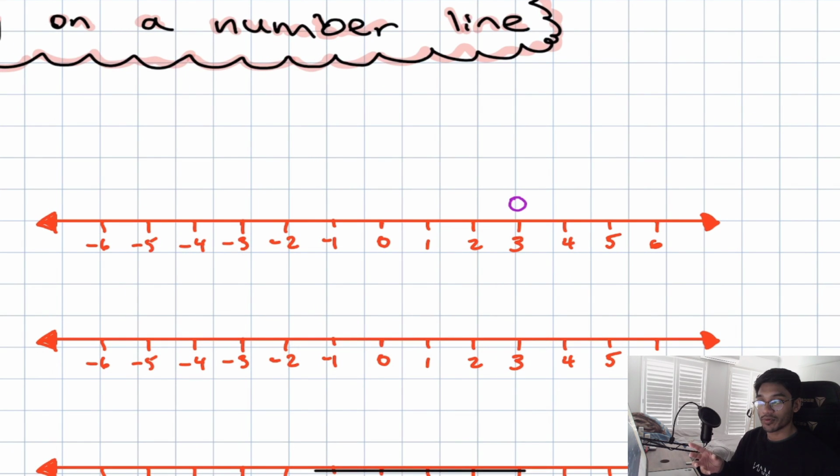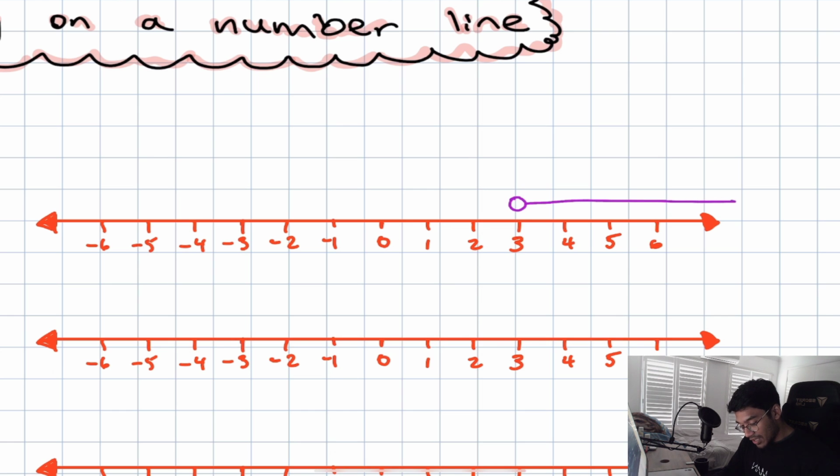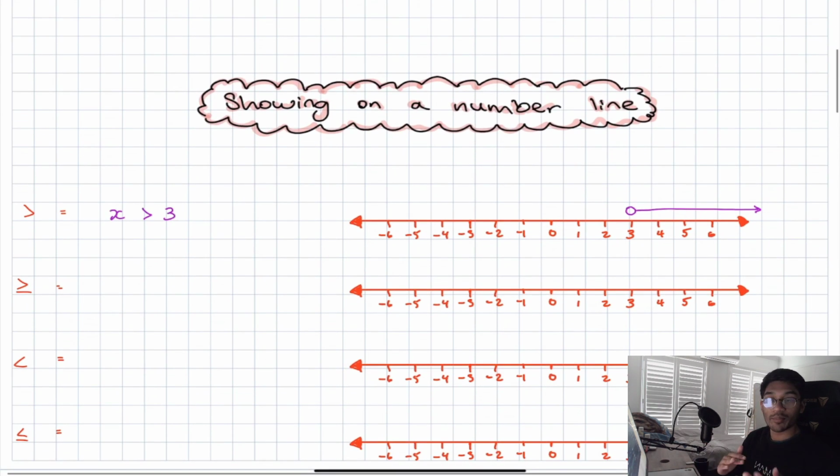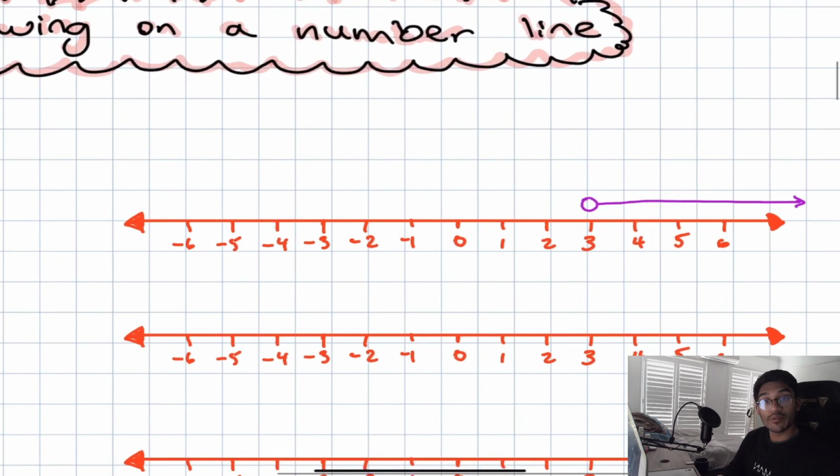And that's really important. Then we just put a line going upwards, and then you can put an arrow. And what that means is that x, or whatever variable it is, is greater than 3, but not including 3. So that arrow means it can go on forever because it can be a million, 2 million, a billion, but as long as it starts above 3.